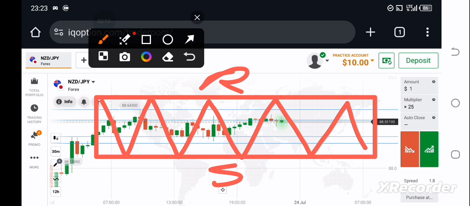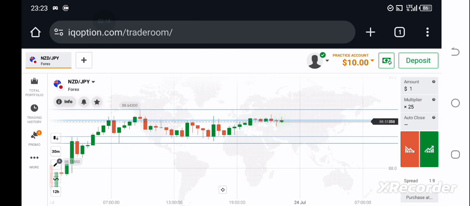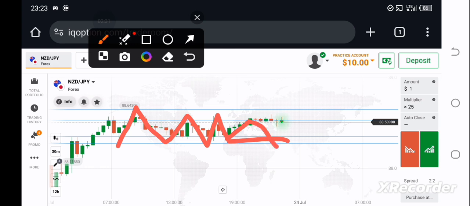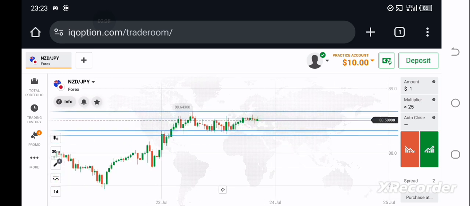We call it ranging market, or some people call it flat market. And which other name will I remember again? Okay, so if you look at it, you can see that the market is moving like this. Okay, so this is a flat market.